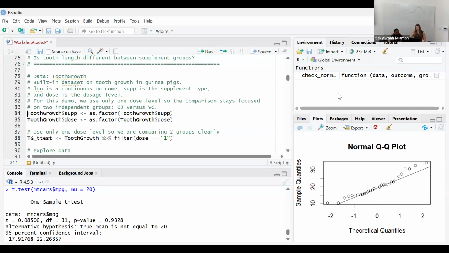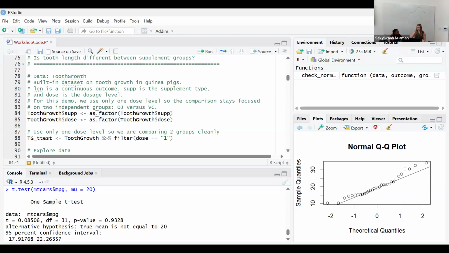So first to start, these two lines of code are going to make R see these variables as categorical. Because by default, whenever you load data into R, it's just continuous.